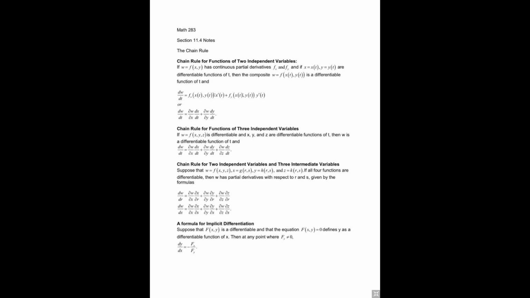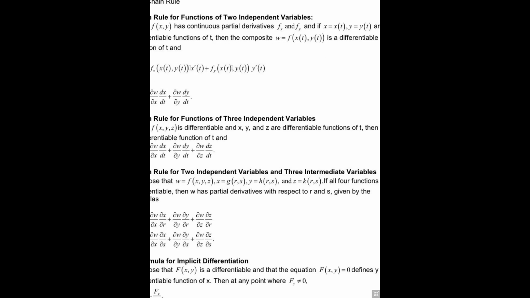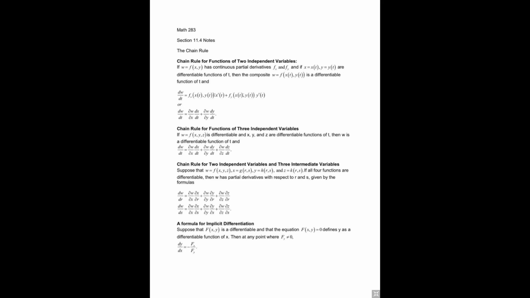All right. So if we take a look at the first page and just look at the notes, the first thing we have is this. We have the chain rule for functions of two variables.